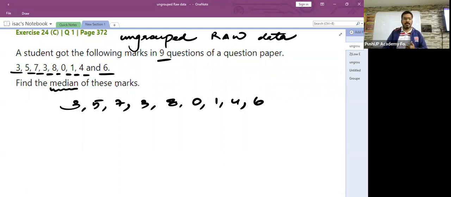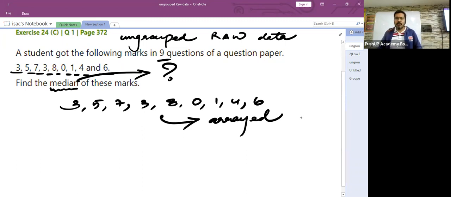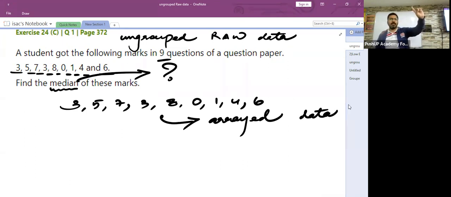Now in this case, 3, 5, 7, 3, 8, 0, 1, 4, 6, they are asking you to find what is the median of these observations. Children, remember the first and the most important point while you're dealing with medians. You should always arrange the given raw data into an arrayed data. You remember while teaching you arithmetic mean, I had taught the difference between raw data and arrayed data.